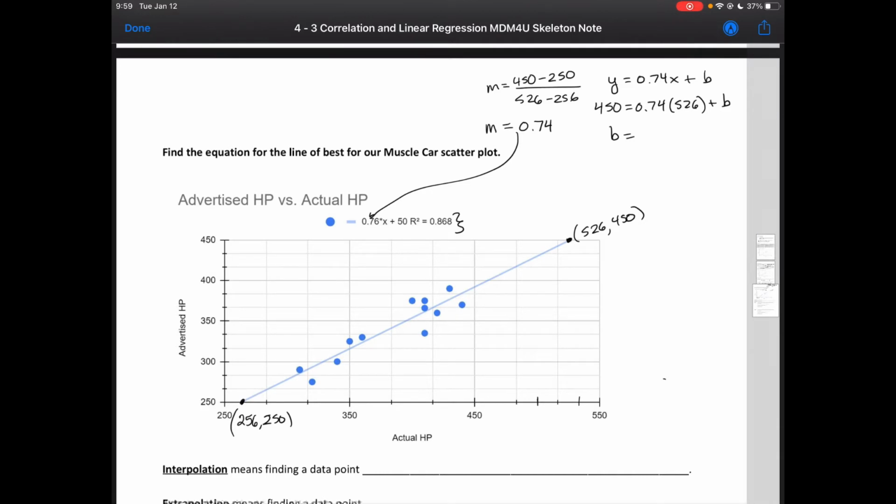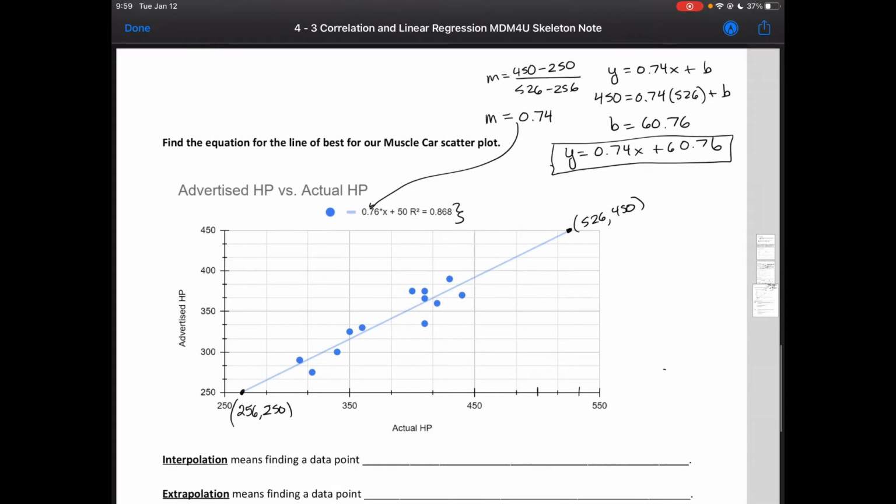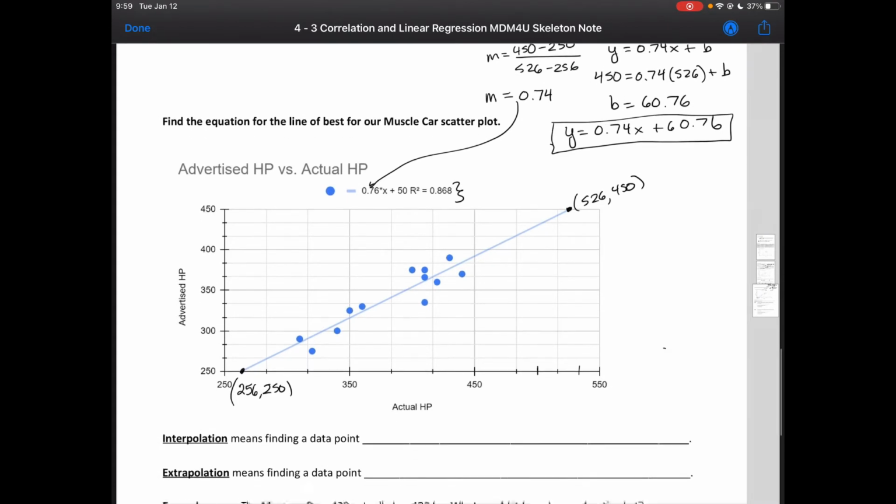Rearranging everything for b, we've got about 60.76, which is a little bit higher, but that is okay for now. So I've got y equals 0.74x plus 60.76. That would be the easy way to find the equation of the line of best fit by hand. We are going to focus on generating it using technology.